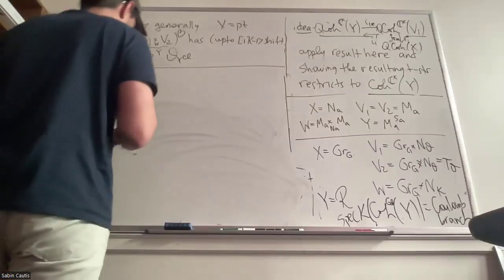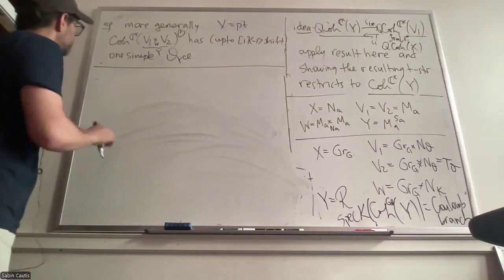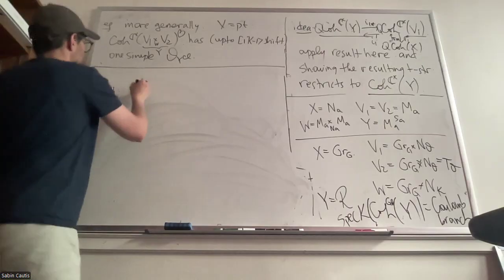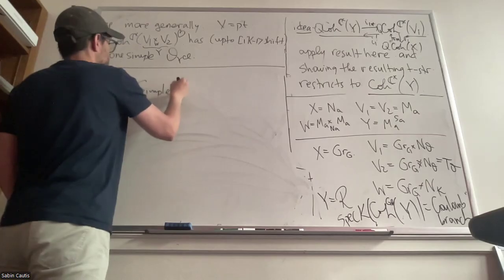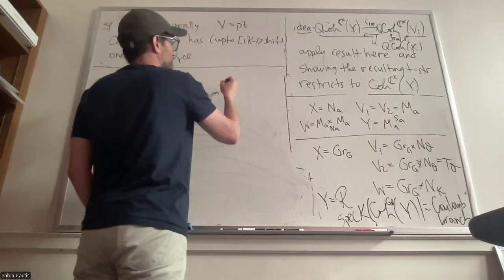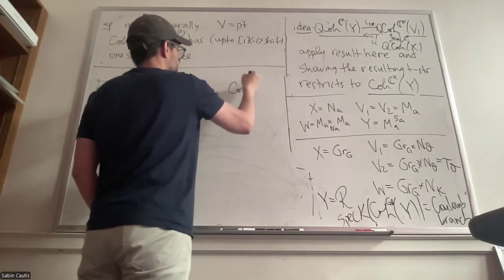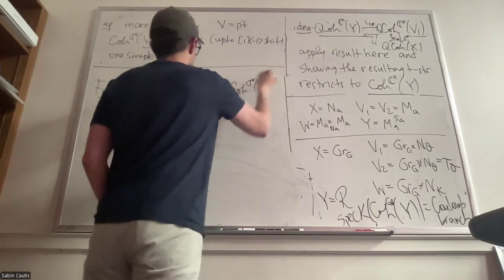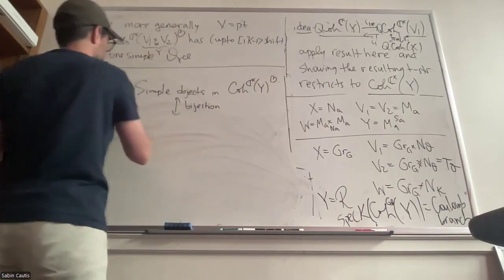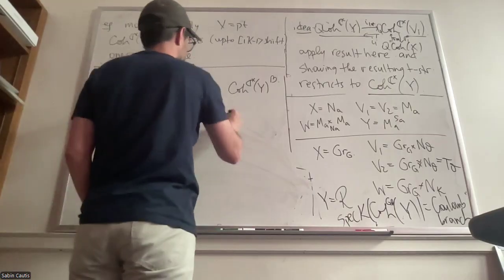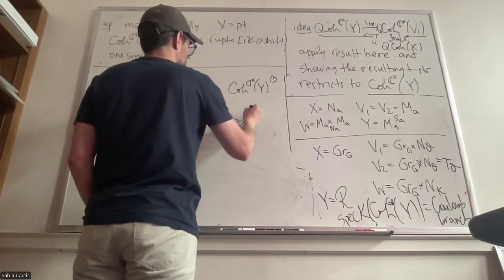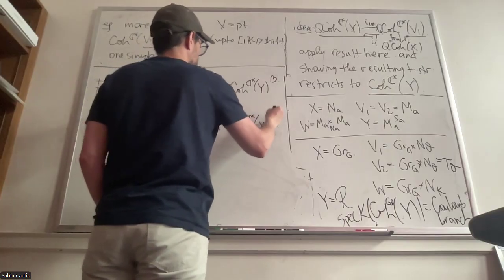Okay, good question. I didn't get to it, but I was going to say it. So in fact, simple objects, and more generally in coh C star Y heart, are in bijection with simple objects in coh C star X heart.